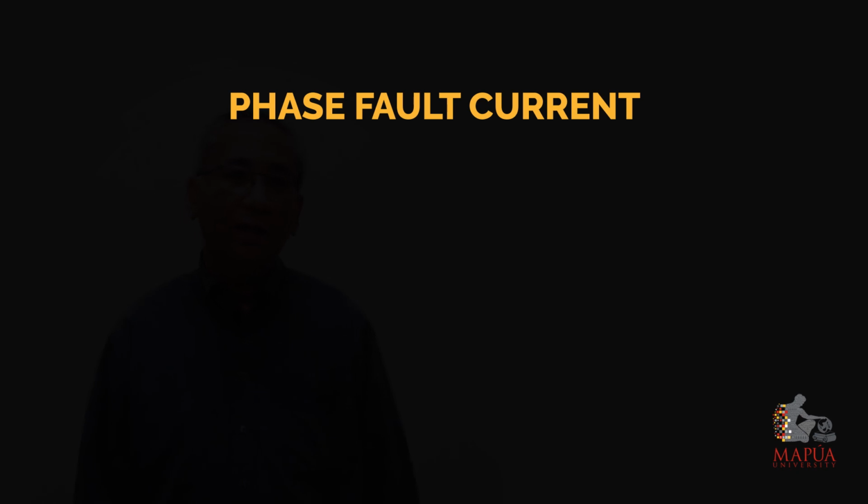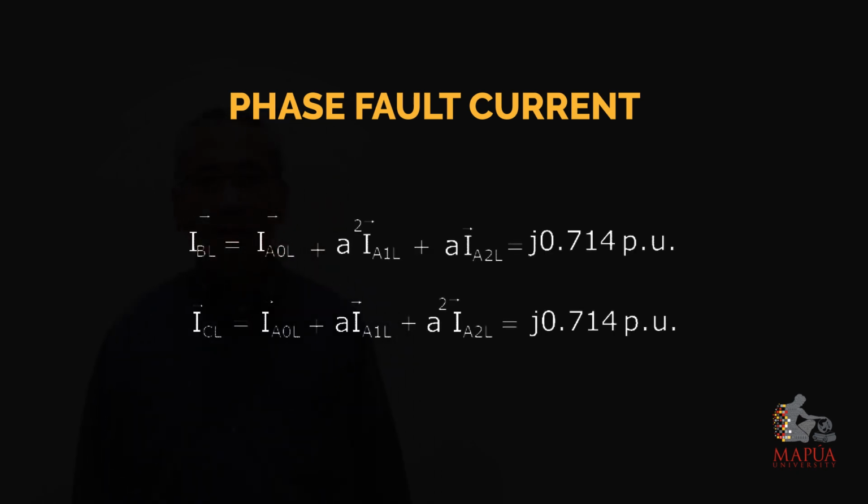For the current IbL, that will be equal to Ia0L plus a squared Ia1L plus a Ia2L. That gives us J0.714 per unit. IcL is equal to Ia0L plus a Ia1L plus a squared Ia2L, and that gives us J0.714 per unit.